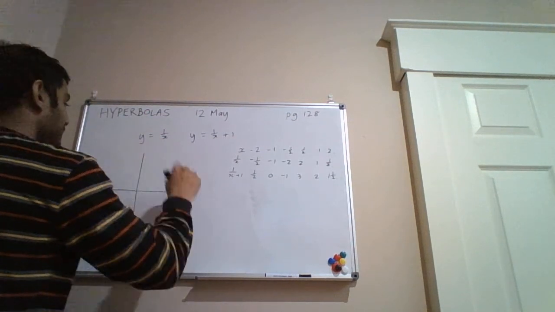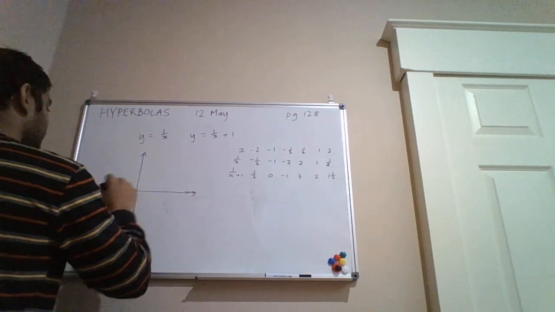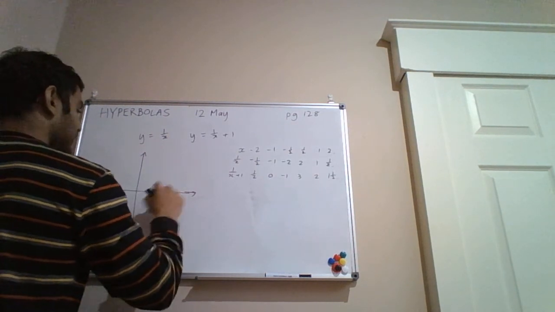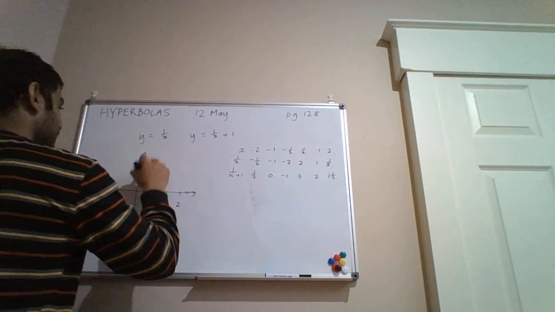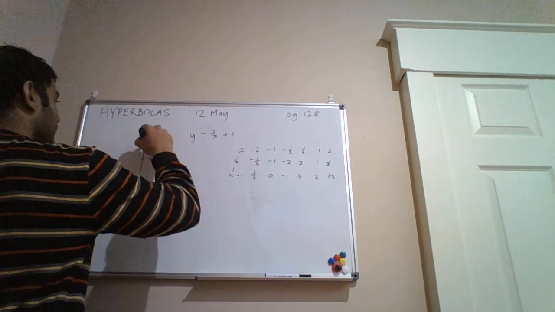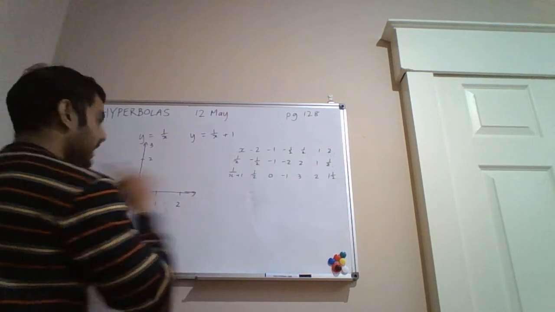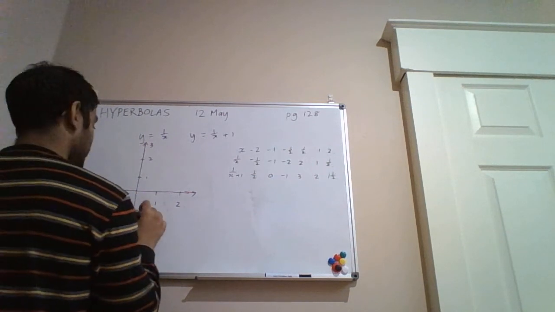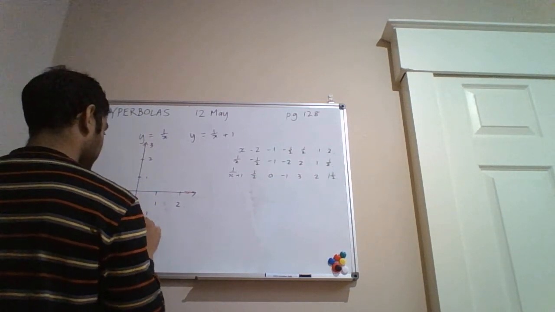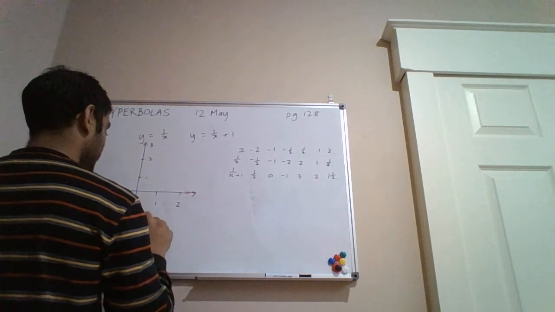Okay, so if we plot this, minus 2, minus 1, 1, 2, 1, 2. Let me make it a bit bigger to include 3, because we have a y value of 3, then minus 1, minus 2.